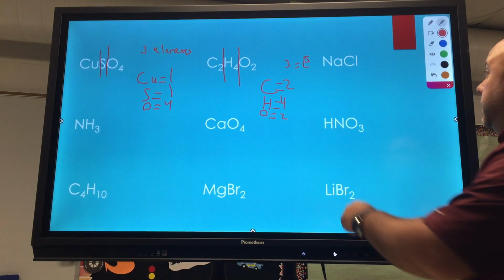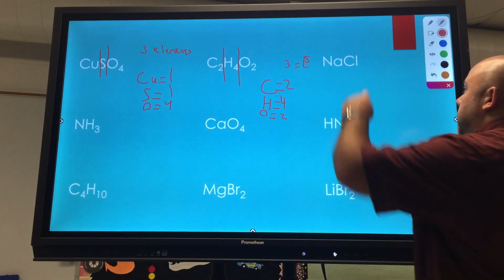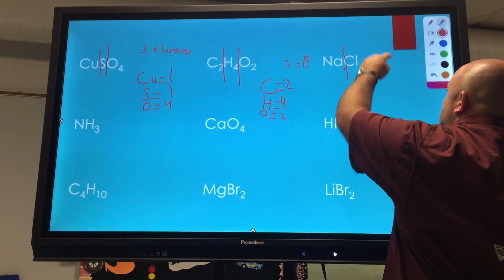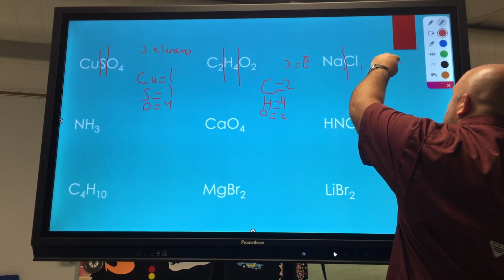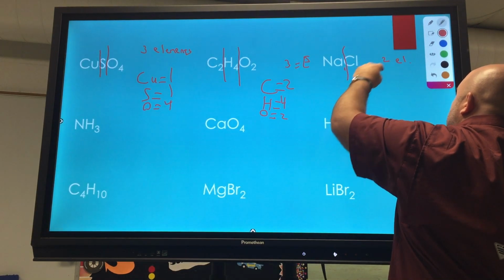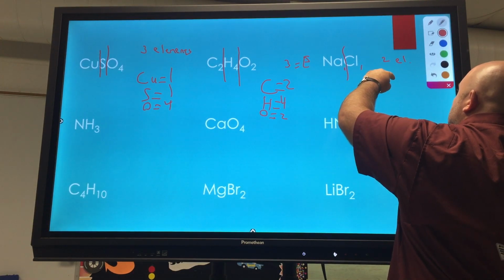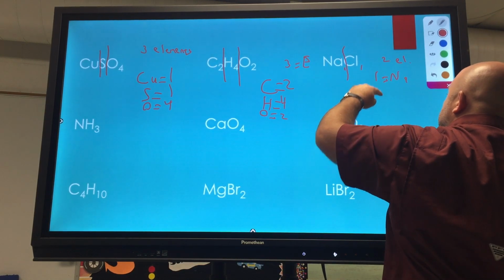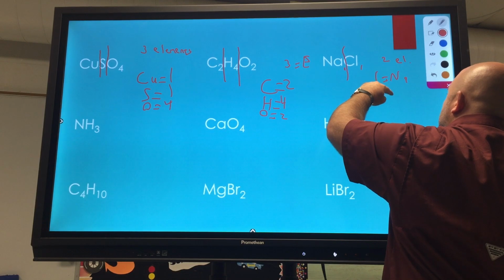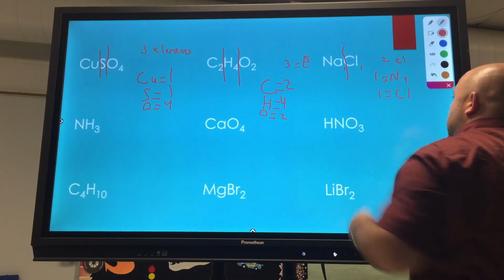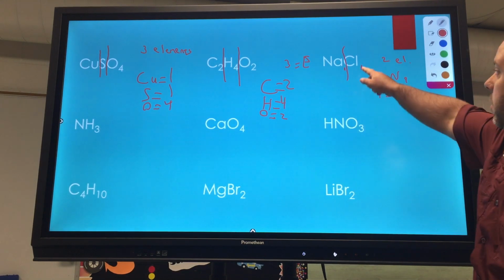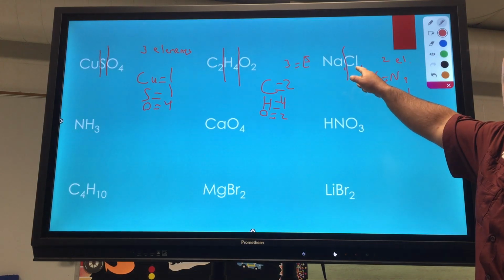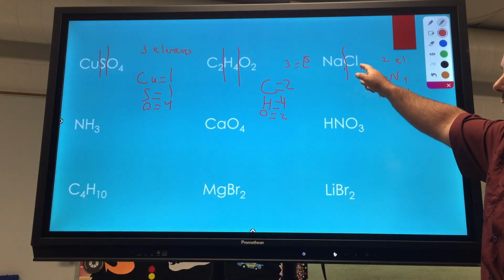NaCl, that's sodium chloride. We've already looked at it before. There's an understood 1, there's an understood 1, there's 2 elements, and then there's 1 sodium and 1 chlorine.